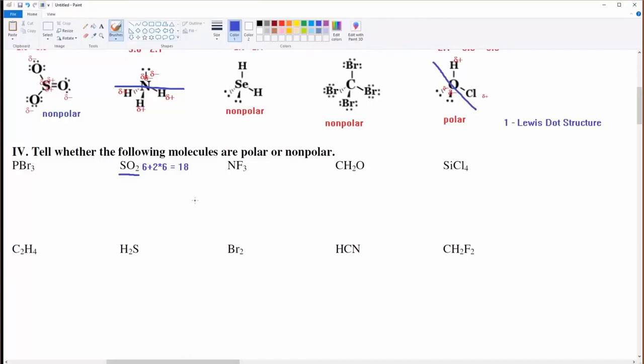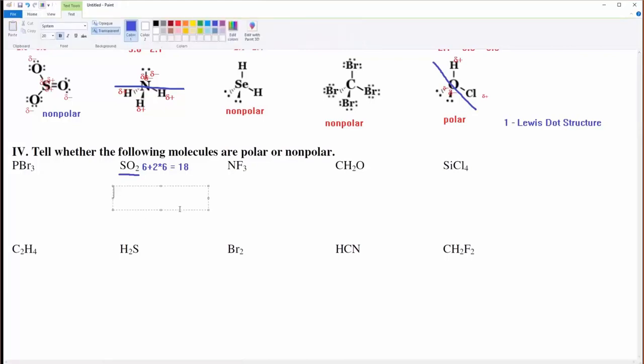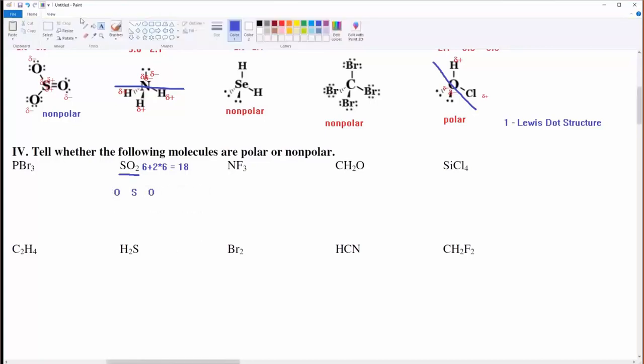Sulfur's in the middle. Good. That's exactly right. So I'm going to put oxygen, and then a sulfur, and then another oxygen. Okay, then what? Single bonds. Perfect. Then what?